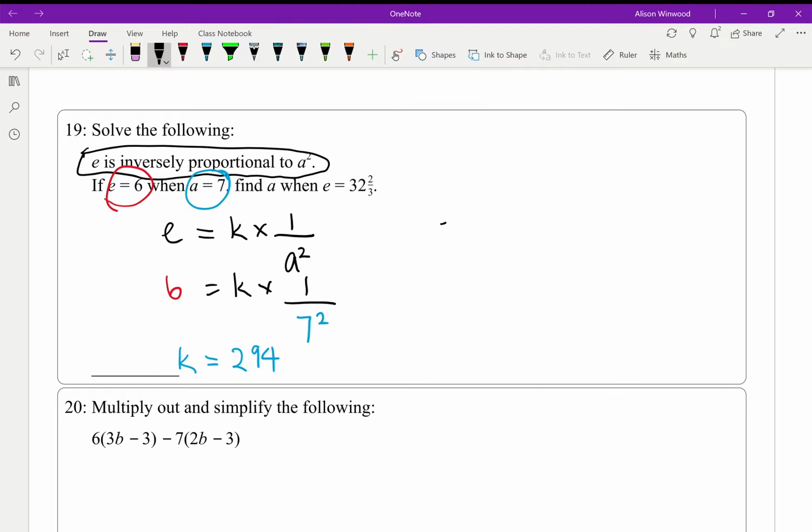Rewrite the original equation, E equals 294 multiplied by 1 over a squared, and finally substitute in the value.